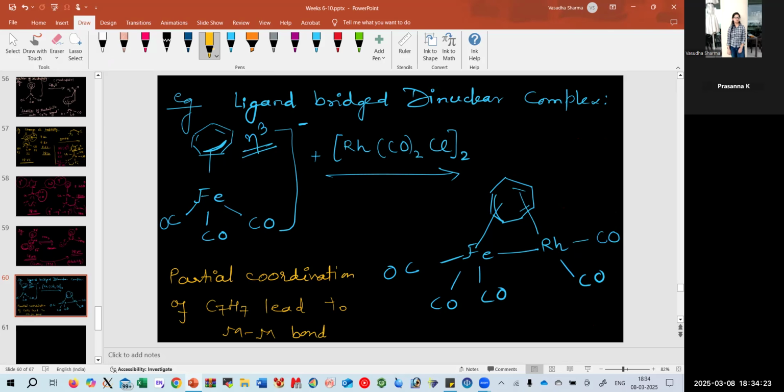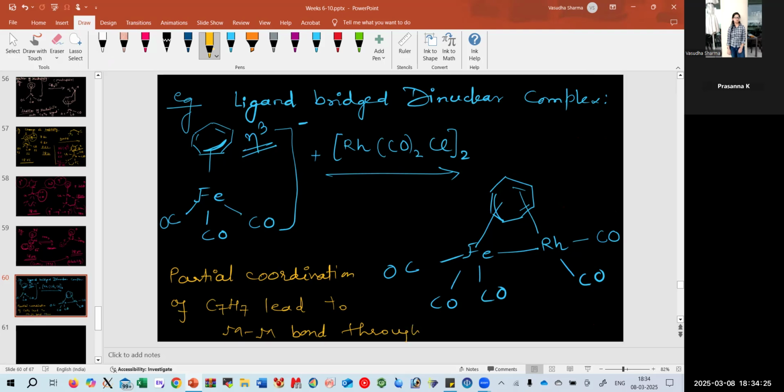Bond formation through ligand bridging. So this particular ligand has gone into the bridging, and one bond it has made with the iron, the other bond it has made with the rhodium, making a very stable complex and giving a metal-metal bond. So this was all about the C7H7 ligand.